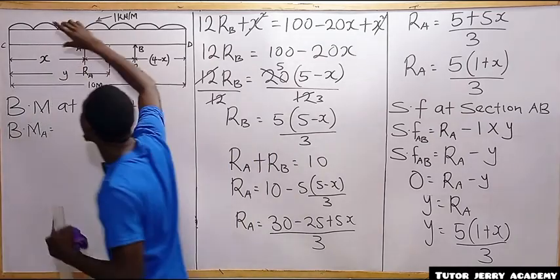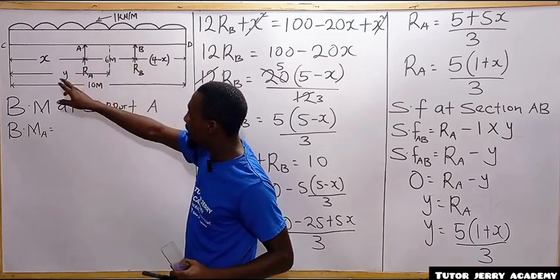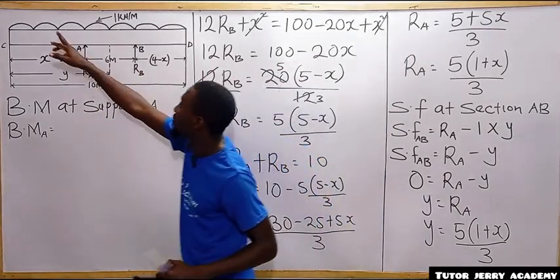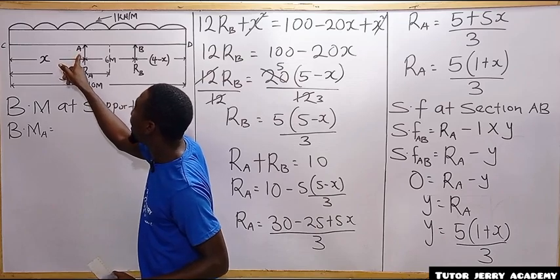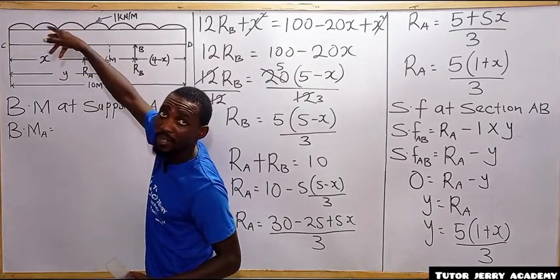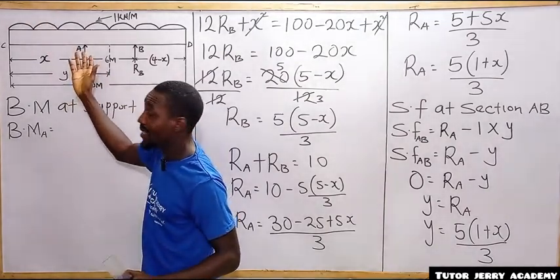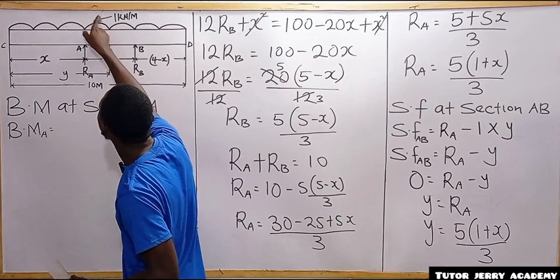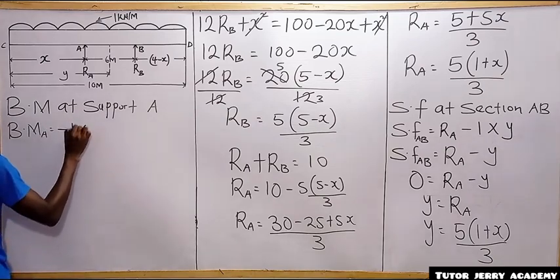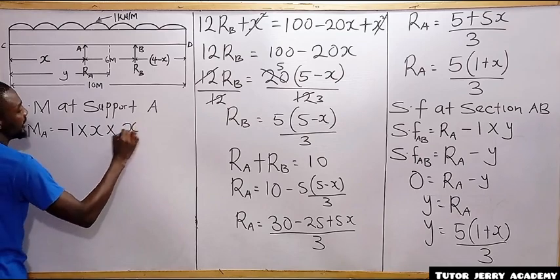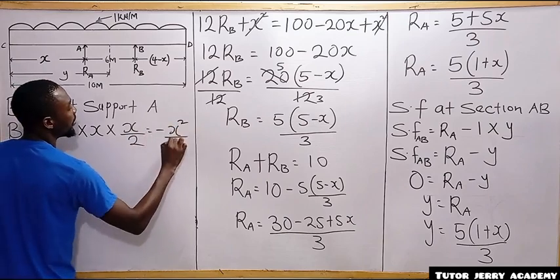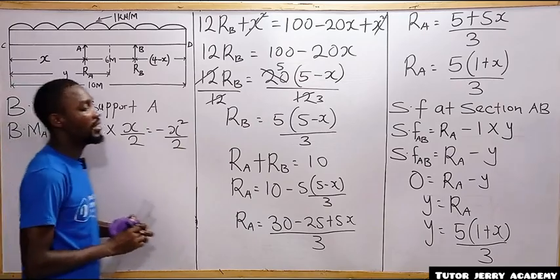So here we have a uniform distributed load, and the total distance is S, right? All right. So for us to take the moment towards point A here, if you convert this uniform distributed load to a point load, it's going to be a downward force, right? So now we are going to say minus 1 times S, then times S divided by 2. All right, so this is going to give us minus S squared all over 2. I hope we understand this fully.